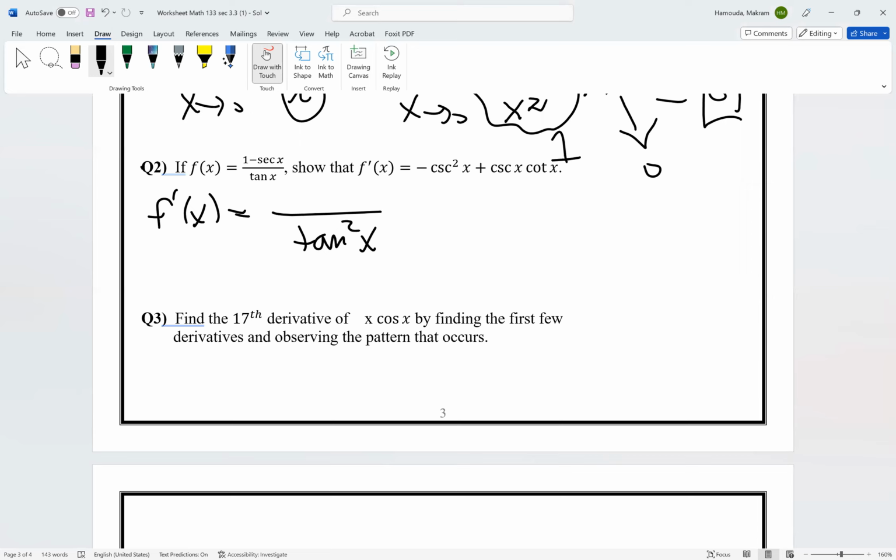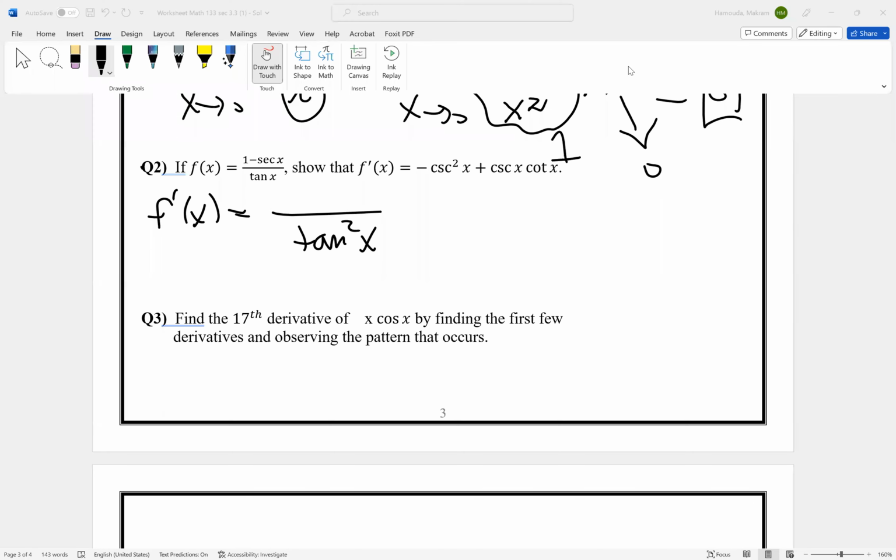The derivative of minus secant is equal to, you remember this in the formula, I will recall the formula here. The derivative of secant is secant multiplied by tan.